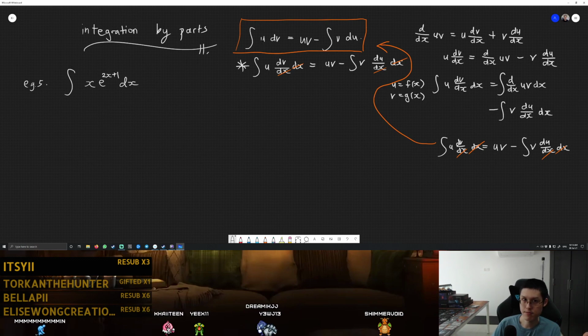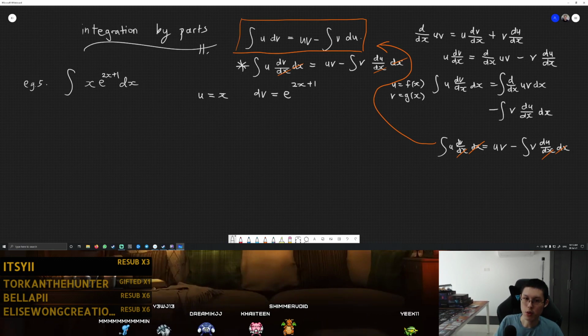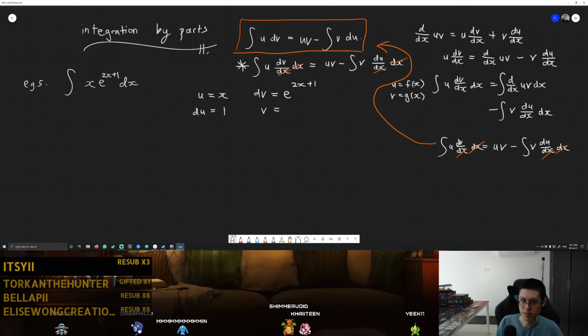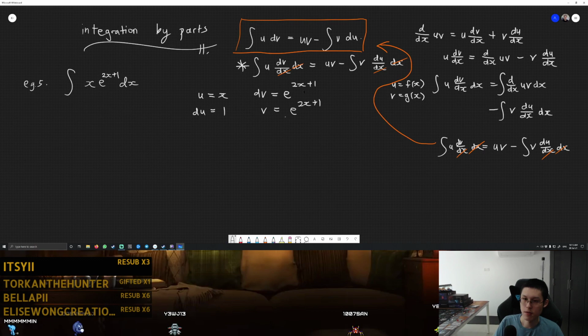So in this case, u equals x and dv equals e to the power of 2x plus 1, because we have to work out what du and v are as well. du is going to be 1, because when you differentiate x you get a simpler term, which is why we assign x as u. We don't assign u as the exponential, because if you differentiate it you still end up with an exponential function. If you integrate dv, you would get e to the 2x plus 1 over 2.